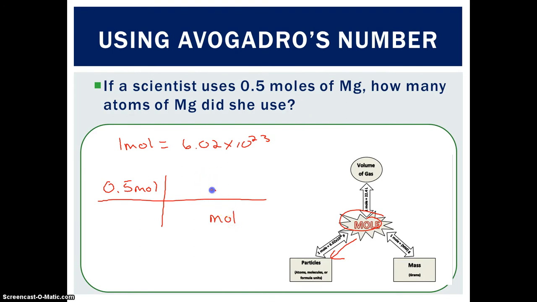And I want atoms. Okay, and we're talking about something that is just an atom in both ways. So moles to atoms would just be 1 mole here and 6.02 times 10 to the 23rd atoms. If I plug this into my calculator, I get 3.01 times 10 to the 23rd atoms. And let's be specific in our answer, of magnesium.